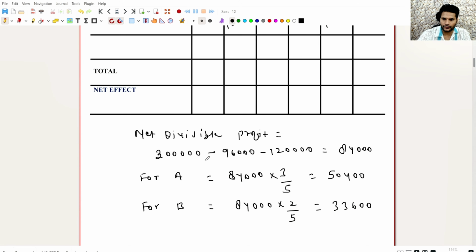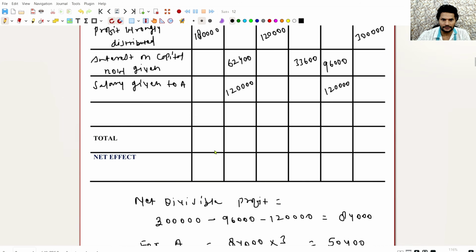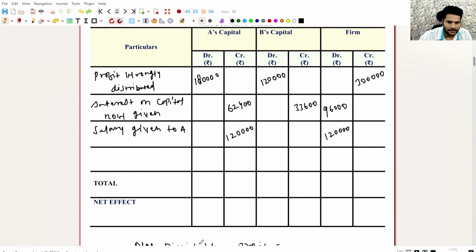Now let's put this amount into the adjustment table. Now profit will be distributed between A and B in the ratio 3:2. Since you are distributing the profit, the partner's capital account will be credited and the same will be debited to firm account.